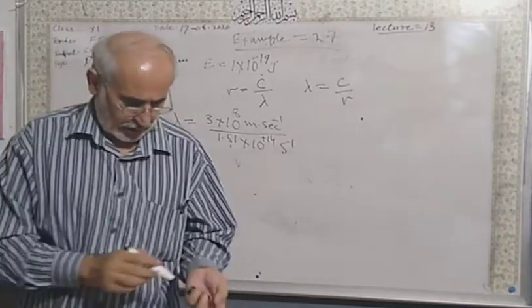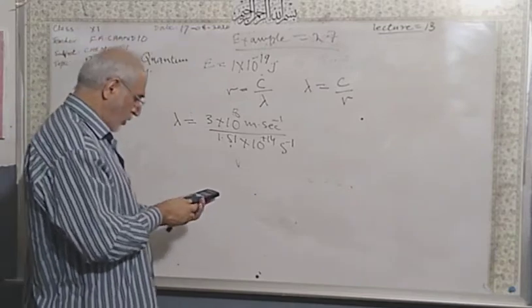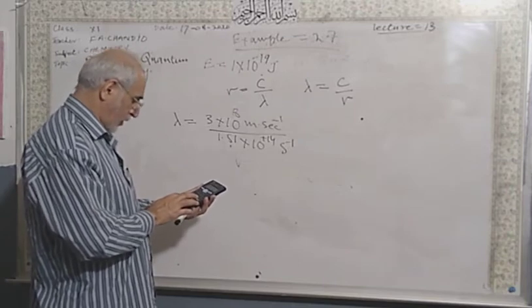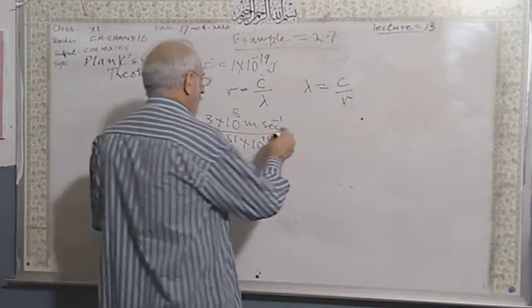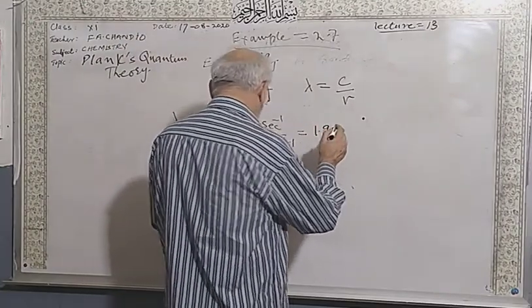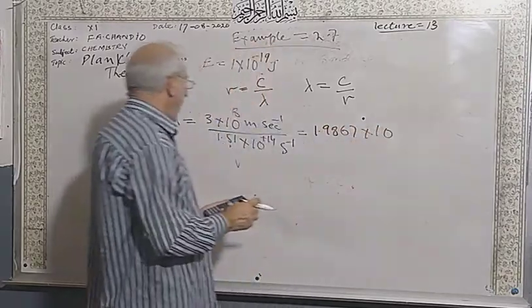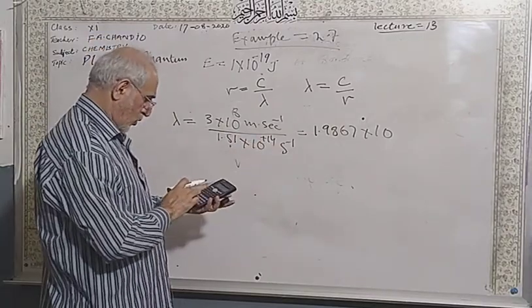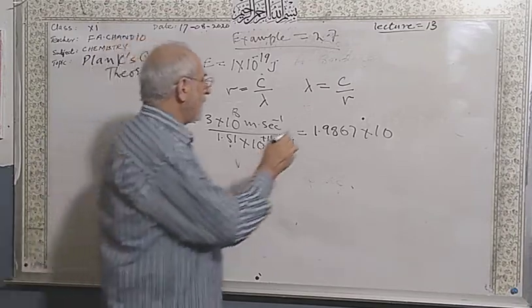Now students, if you calculate this, you should have your calculator on 3 divided by 1.51. So the answer comes out to be 1.9867 into 10 raised to power. This is plus 14, now it becomes a minus, so 14 minus 8, you will get minus 6.